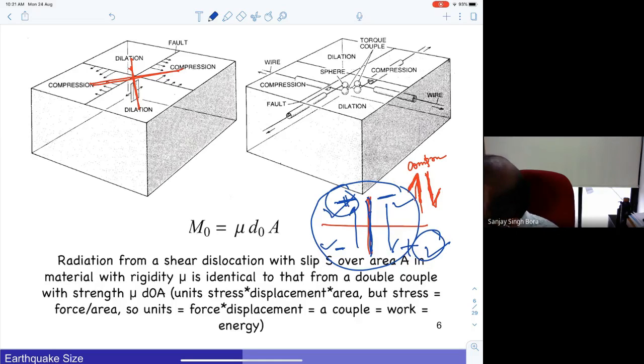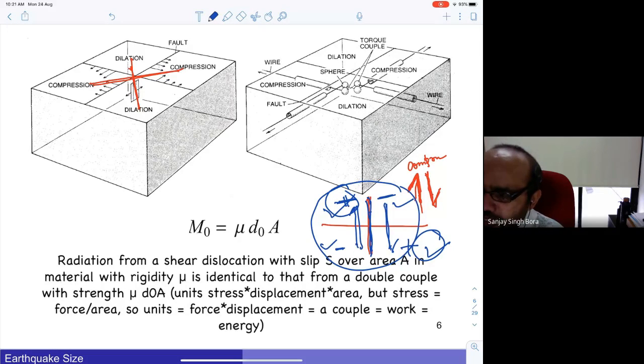So in this process, as you see, there are two forces involved here. One is in this direction, and another is in this direction. What they are forming, we call a force couple. In earthquake processes, you cannot have a single force.